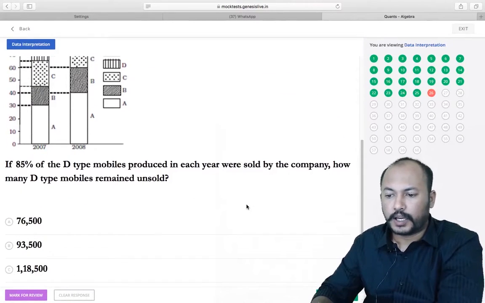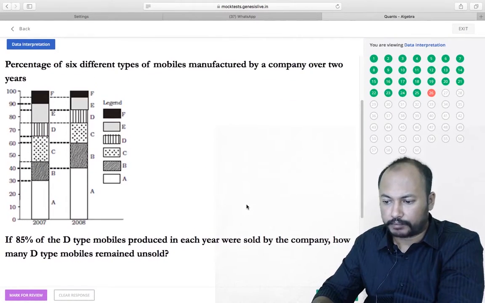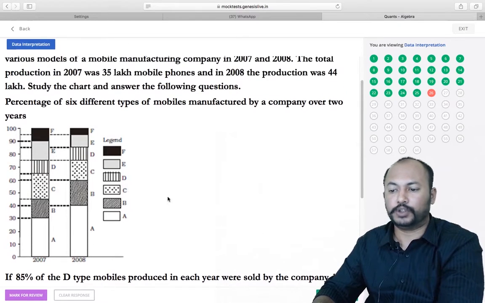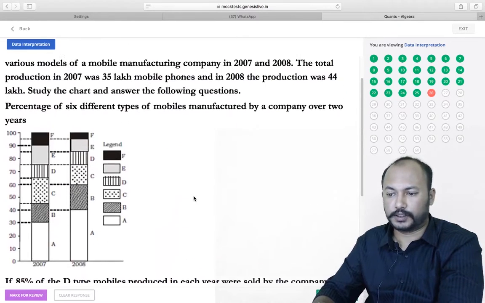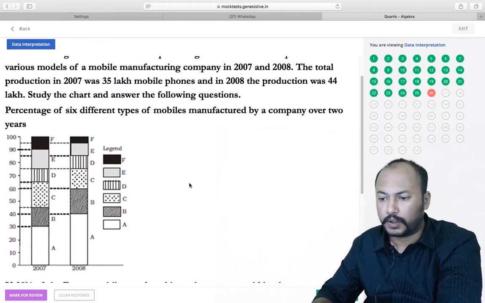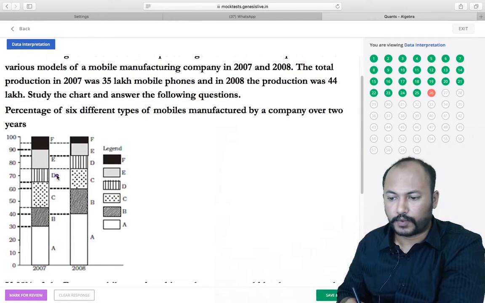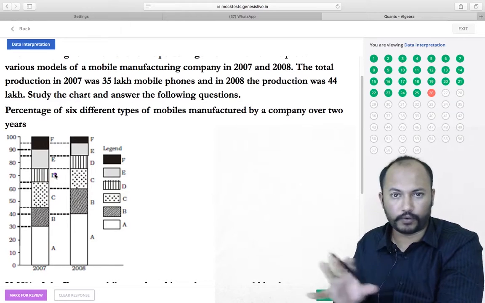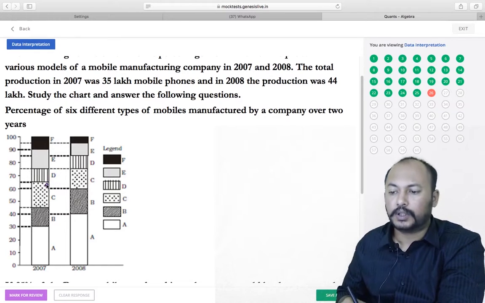If 85% of D-type mobiles produced in each year were sold, how many D-type remained unsold? That means in both the years, basically. Look at the options. Yes, that's in both the years is what they are asking for. So D, what they are saying, 85% is sold. That means 15% of overall D is what we are supposed to find out. So if you observe, this is 10 in this case. Similarly, in this case, it is also 10.